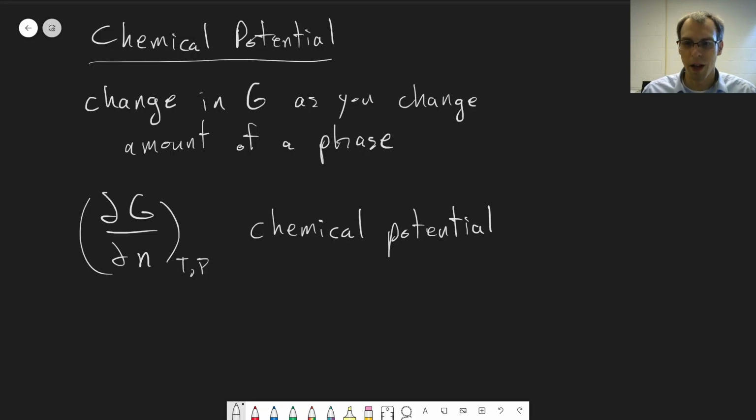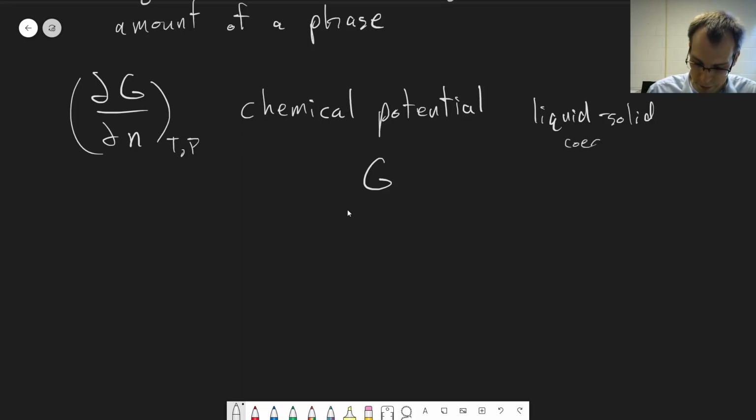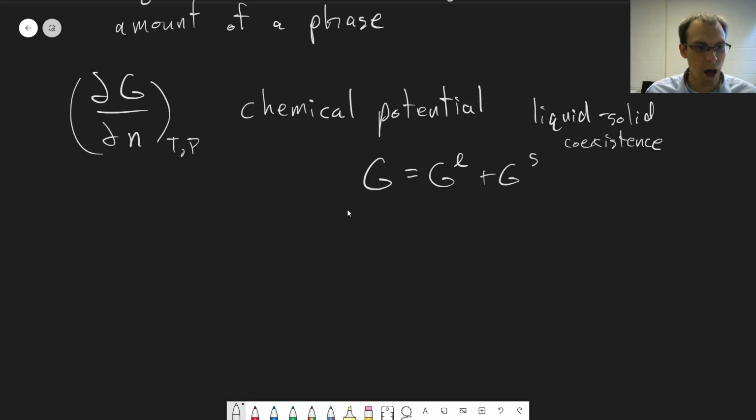So for example, a way we might set this up is thinking about what's G for something where we have a liquid-solid coexistence. Well, we can say G for the system is going to be G for the liquid plus G for the solid. Now we can ask, what if we change the amount of liquid or solid that we have, right?